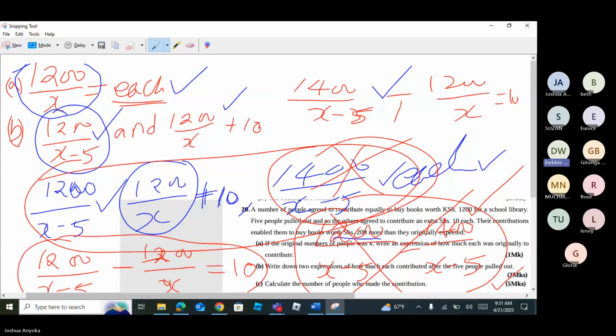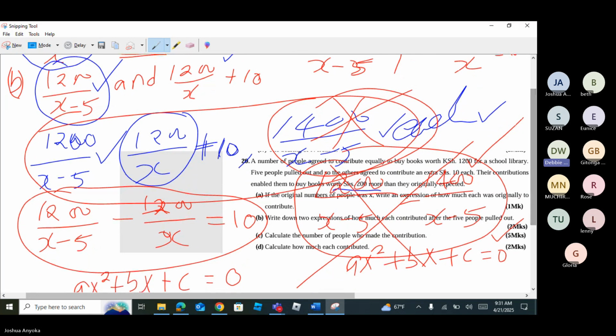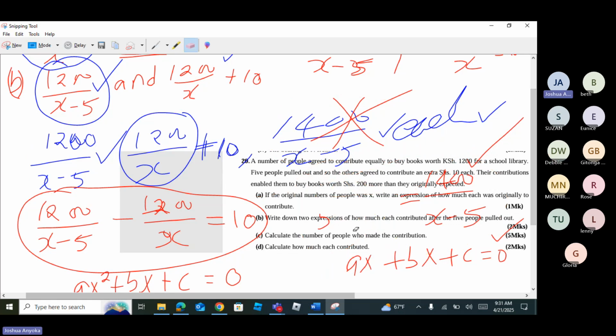Si tu, kwa swali wamesema venye watano walitoka, they had to pay 200 more. No. So the question says after their contributions enabled them to buy books worth 200 shillings more. So it means to the original that was 1200 utaongeza hiyo 200 huko ikae 1400.